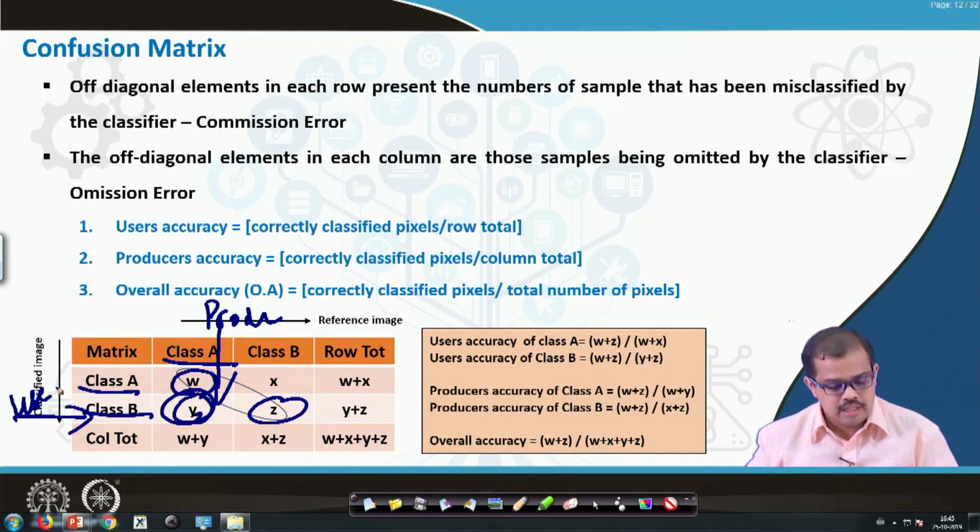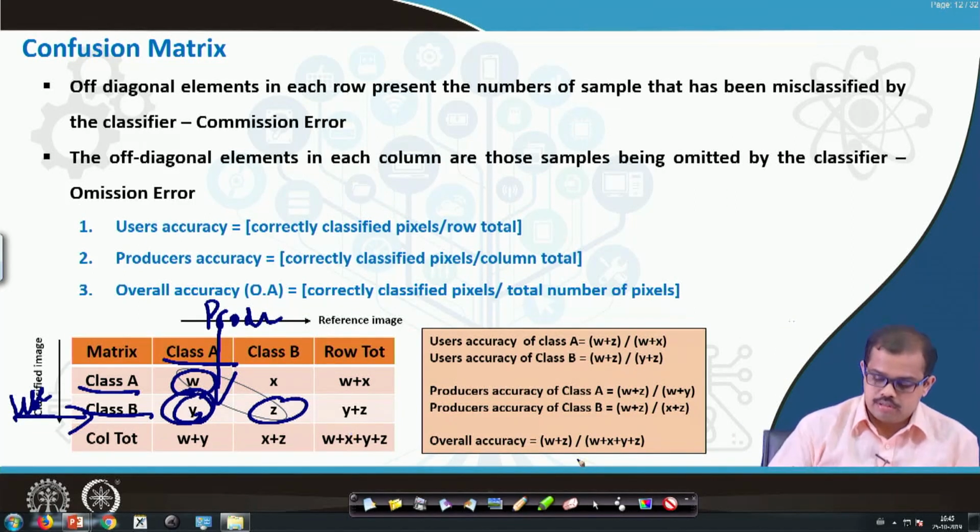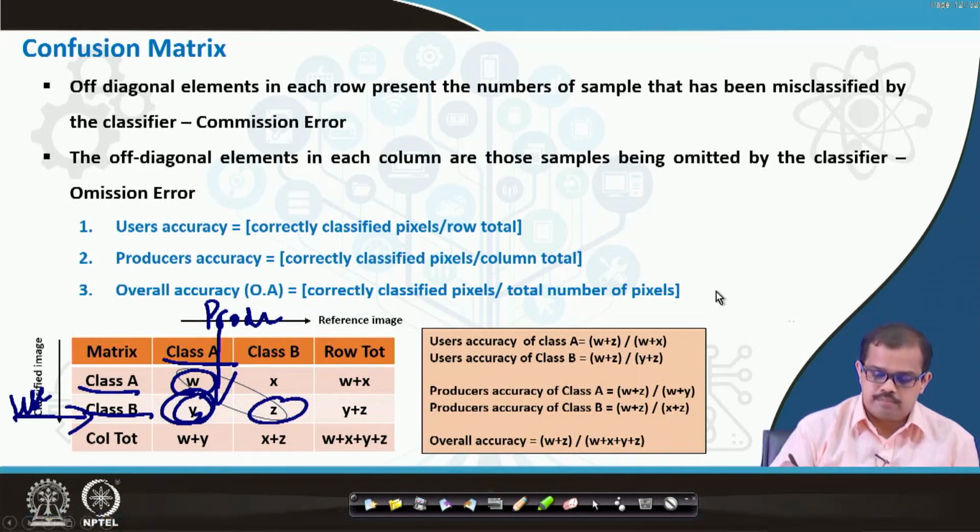Y pixels divided by total number of pixels computes your producer's accuracy of a particular class. I will give you an example, so you will be able to understand it much better.